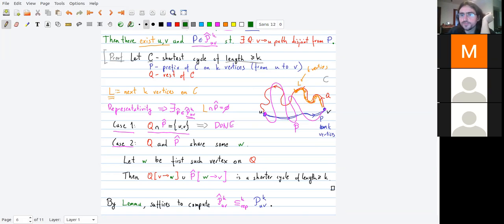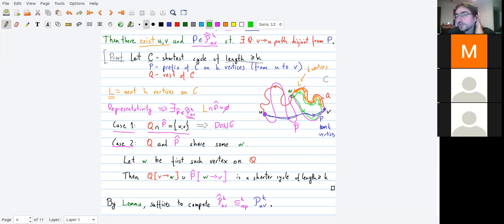Then let's travel along Q, and let's look at the first vertex W here, the first vertex that is in the intersection of P hat and Q. And now what do we see? Let me just draw it, and I hope that then you will see where this argument is going. Let me go with Q from V up to the first point, and then follow by P hat.